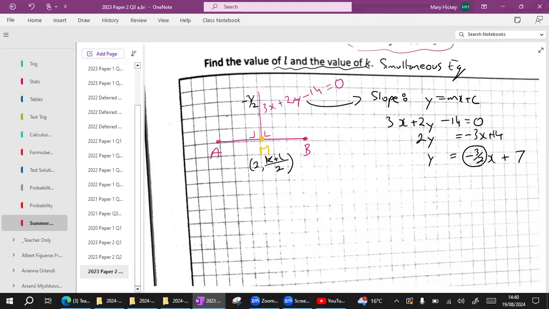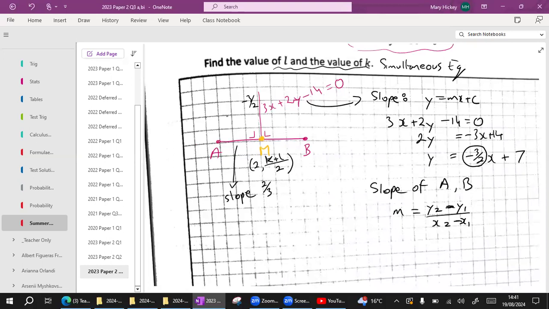Now, if I know the slope of that is minus 3 over 2, then I immediately know that the slope of something that's perpendicular is positive 2/3. So what I'm going to do is get the slope of AB using that idea. I write down my formula for any slope: m is equal to y2 minus y1 all over x2 minus x1.